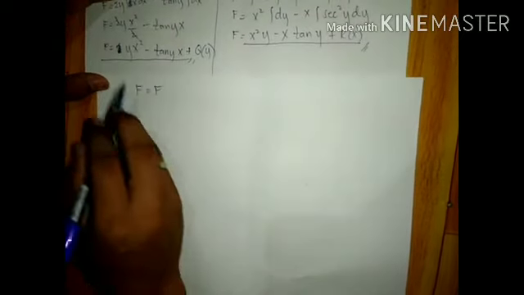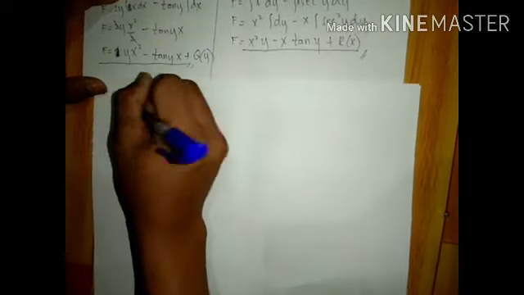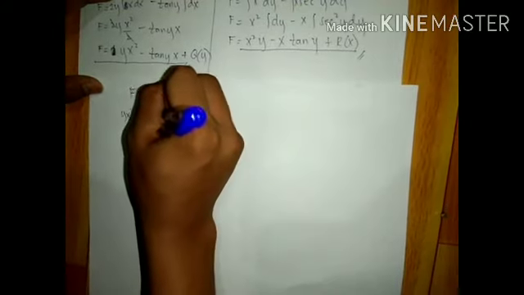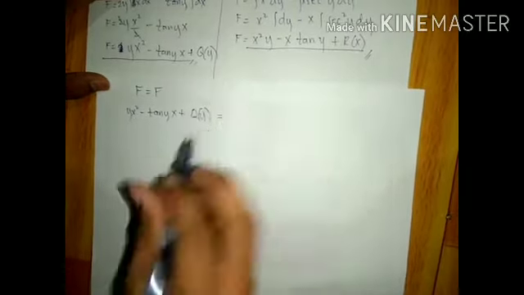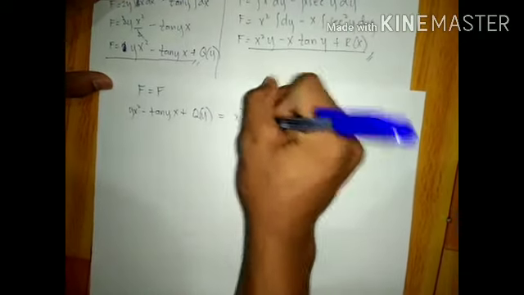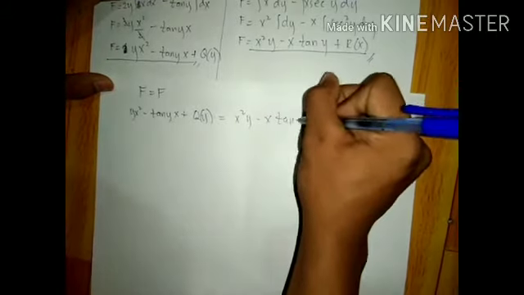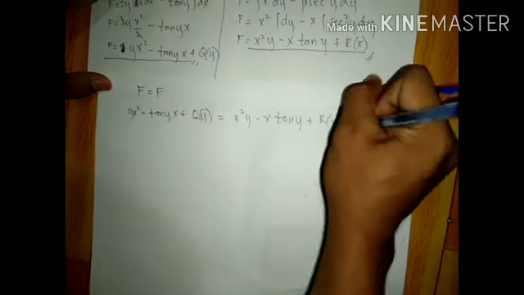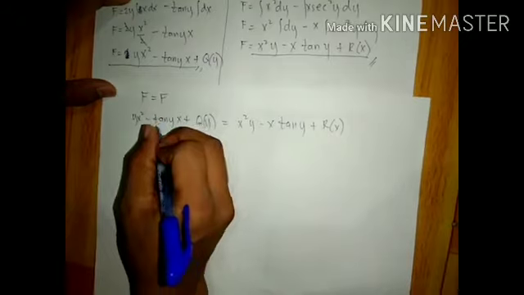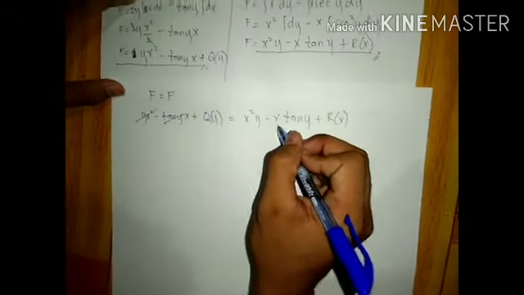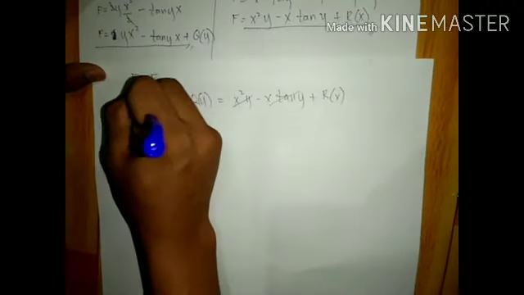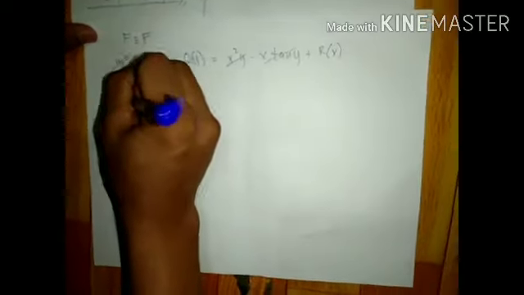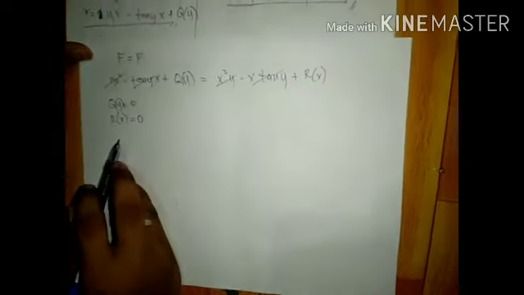So equating the two expressions, Q(y) plus x squared y minus x tan y plus R(x). They cancel because they are the same. So what is left is Q(y) equals 0 and R(x) equals 0.